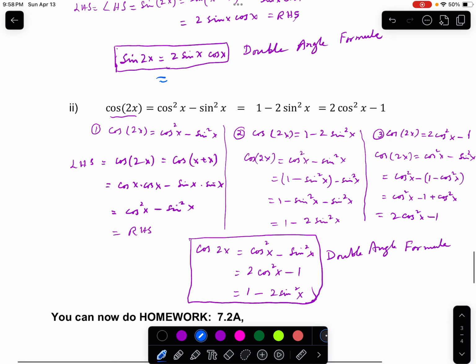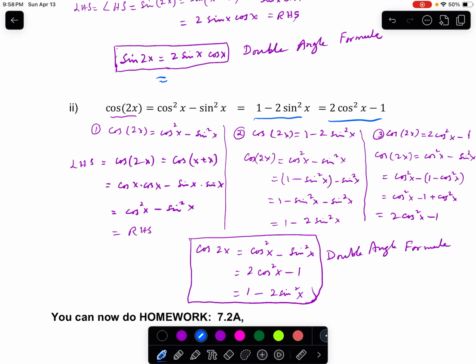We will show that cosine of 2x is equal to cosine square minus sine square. Then we will show that cosine of 2x is equal to 1 minus 2 sine square x, and then we will show that cosine of 2x is equal to 2 cosine square x minus 1. So here I split them as 1, 2, and 3.